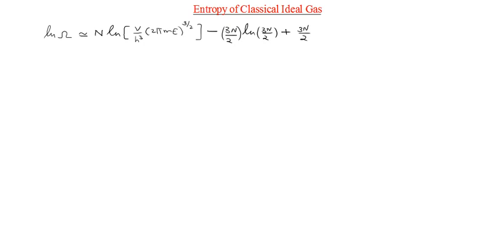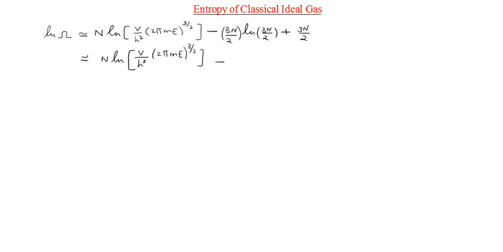Now I'm making some more modifications. So that's again roughly equal to; I'm retaining the first term as such, n log of V by h cubed, 2 pi m e, raised to 3 by 2. Our aim is to simplify this equation to some reduced form. The first term I haven't touched at all, minus, but the second term I am modifying.